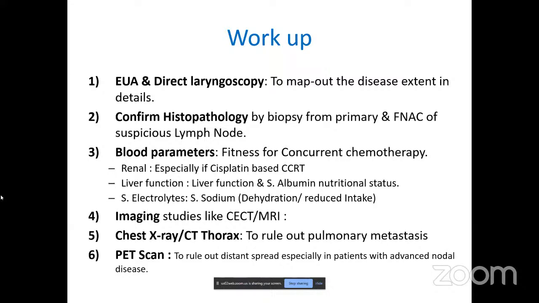And basic chest X-ray and CT thorax is needed to rule out any pulmonary metastasis or any second primary as well. PET CT is not recommended for all patients, but in those patients who come with significant nodal burden, there is a role of PET CT to rule out any metastatic disease at the beginning.